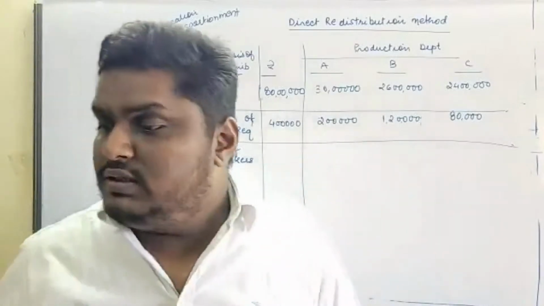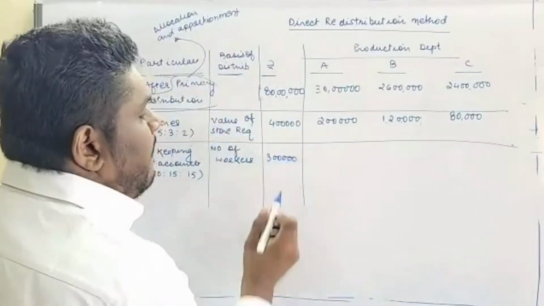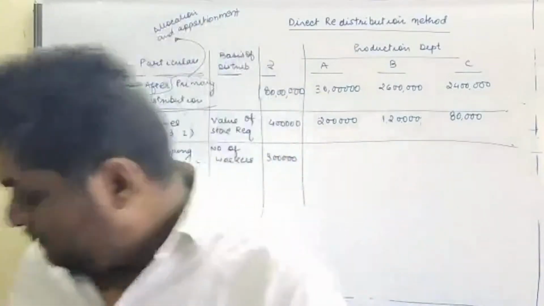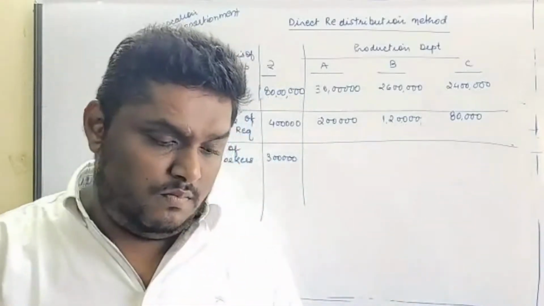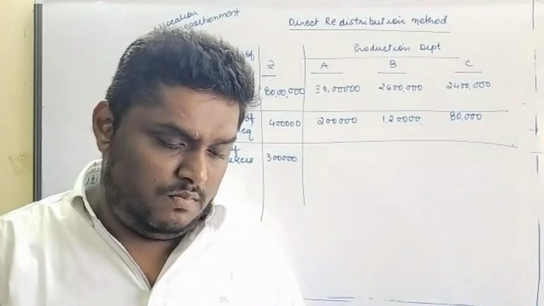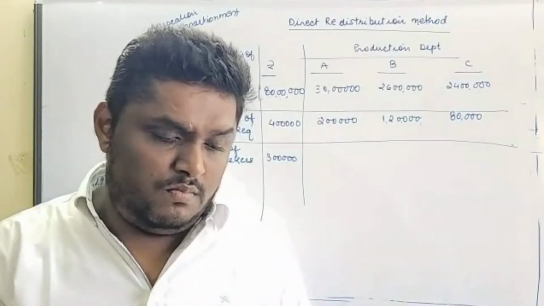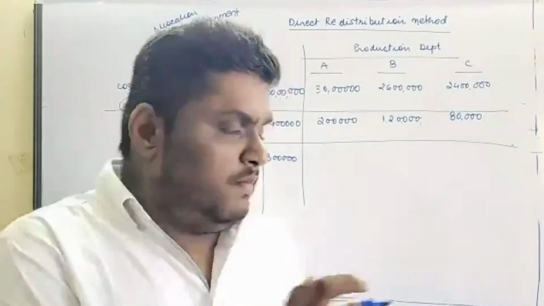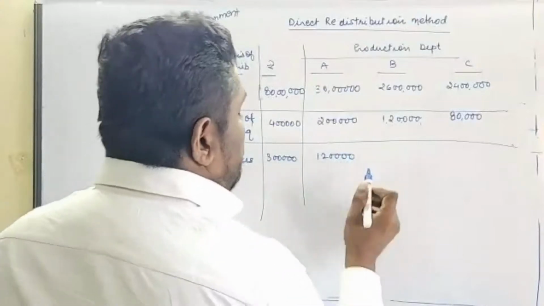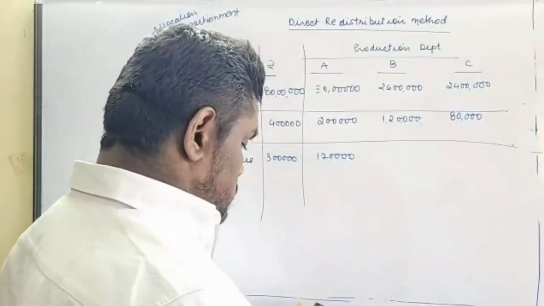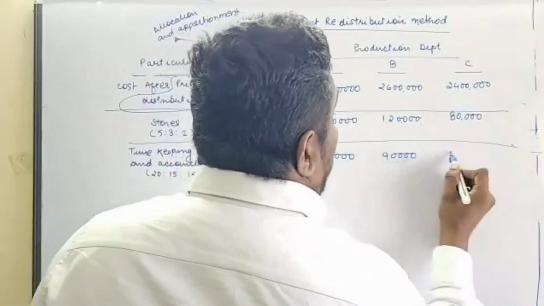The total cost is 3 lakh. So this will be 1,20,000, 90,000, and 90,000.